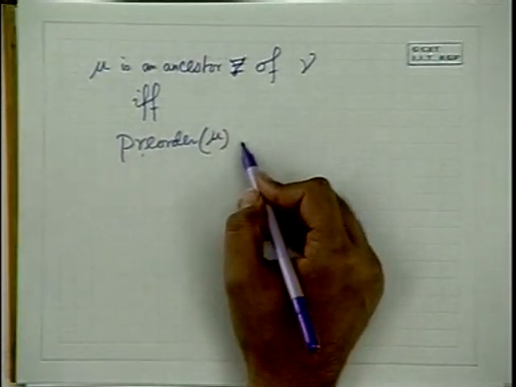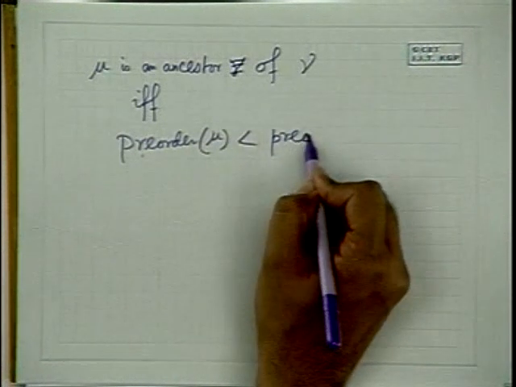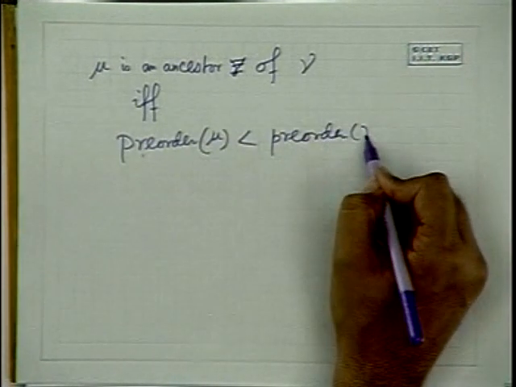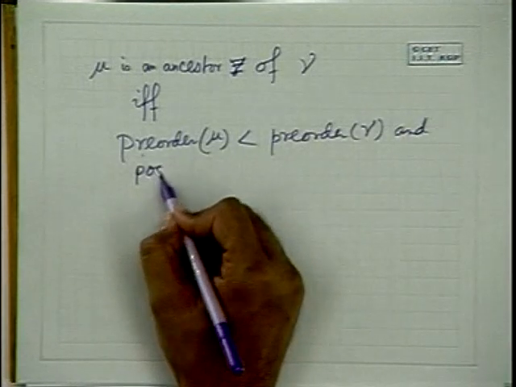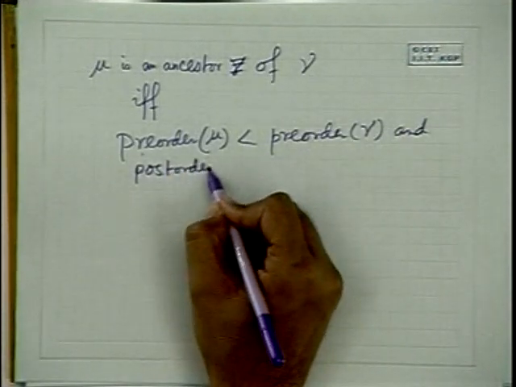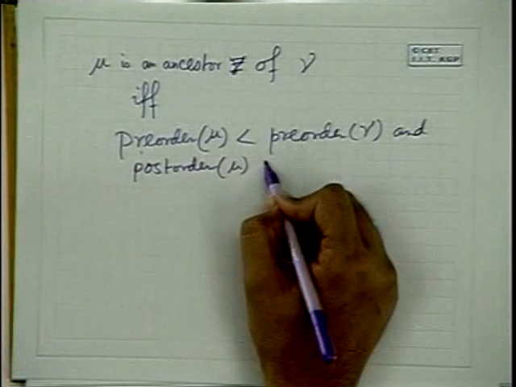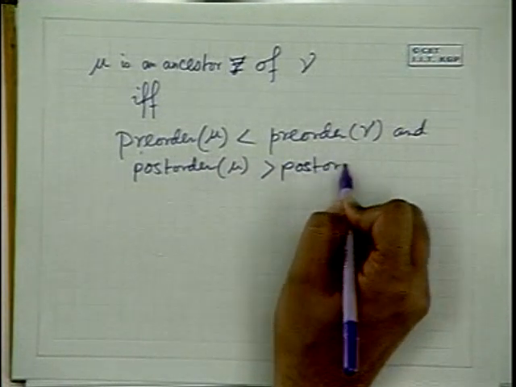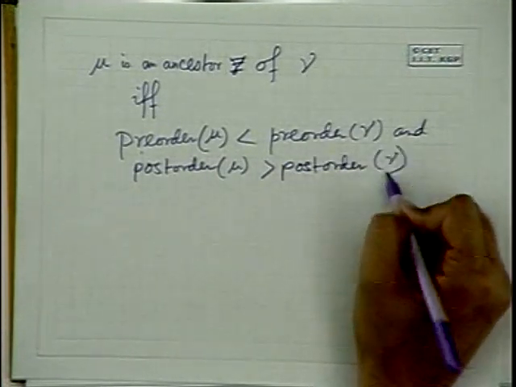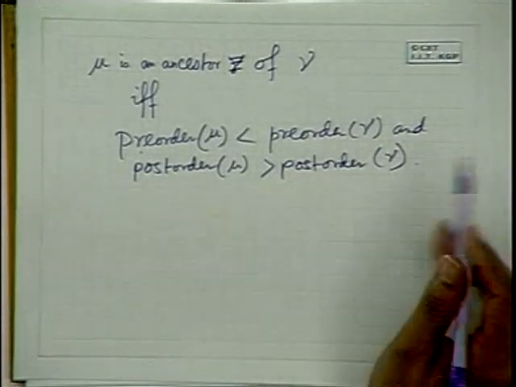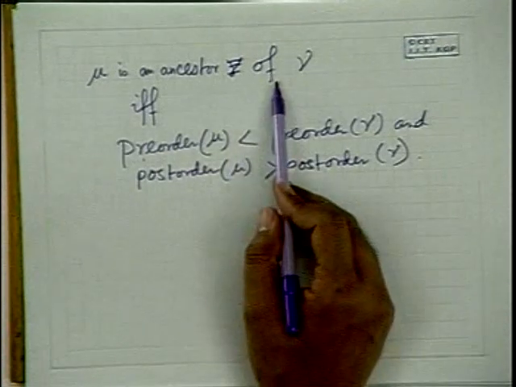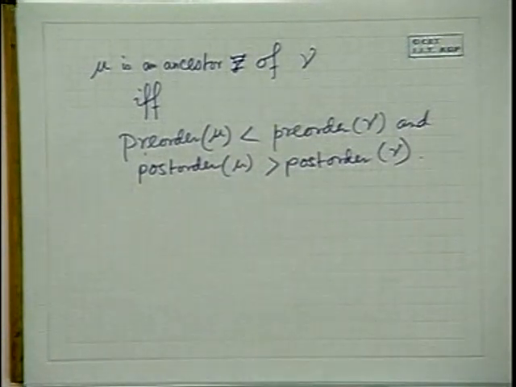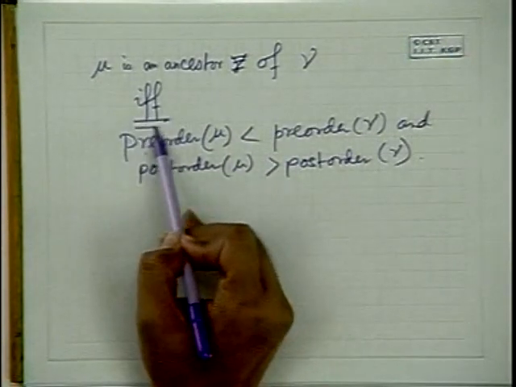If this is less than pre-order nu and post-order mu is greater than post-order nu, you verify it later. If these two conditions are satisfied, then you know that mu is an ancestor of nu. And it's an if and only if condition.